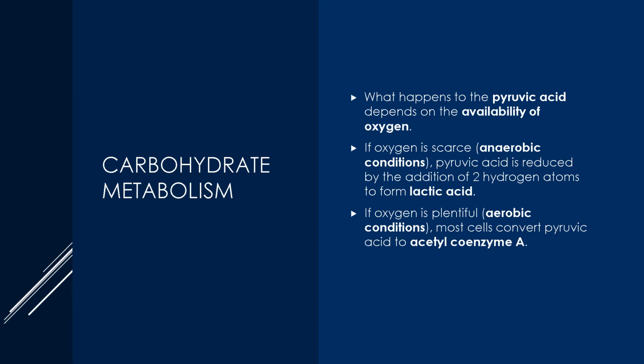Moving on, the fate of pyruvic acid following glycolysis really depends on the availability of oxygen. This is really important. So if oxygen is really scarce, or there's no oxygen, this is going to be an anaerobic condition.